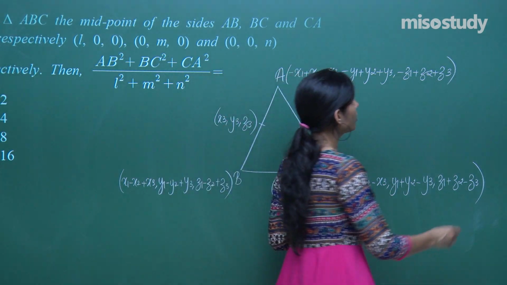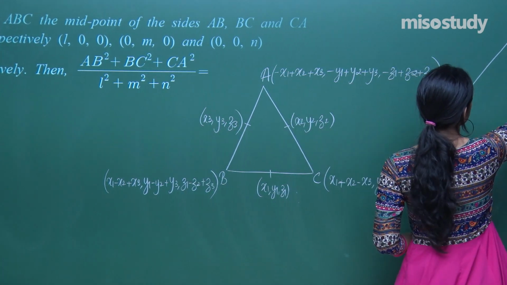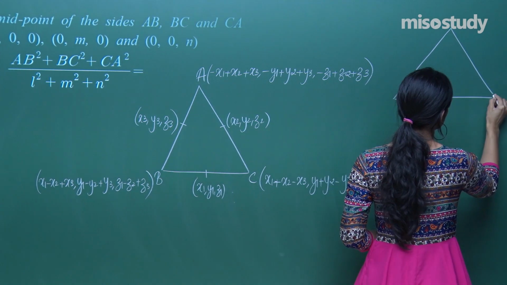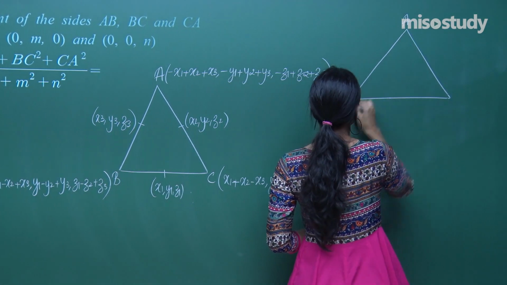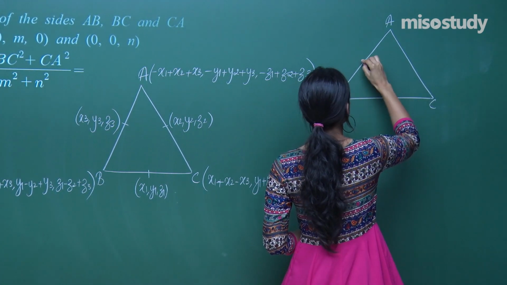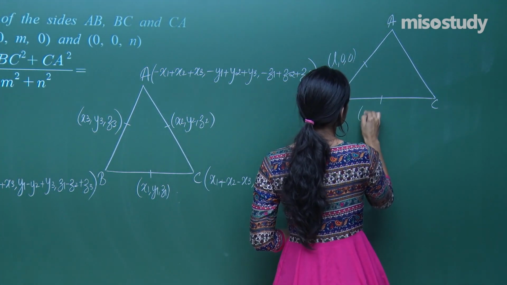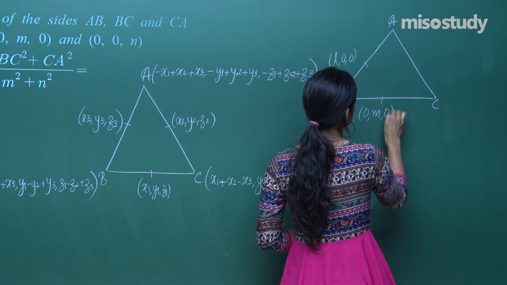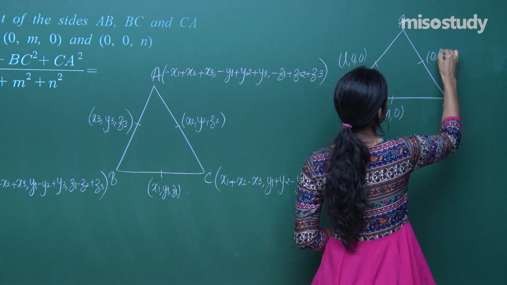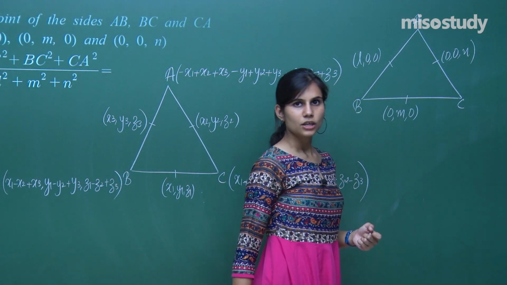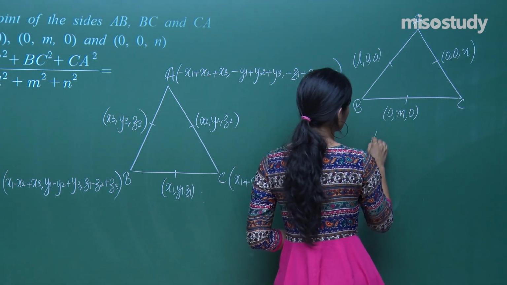Right now, what am I given? Let's look at the situation. So this is A, this is B, this is C. You are given the midpoint L, 0, 0. This is 0, m, 0, and this is 0, 0, n. So what will be the coordinates of A?